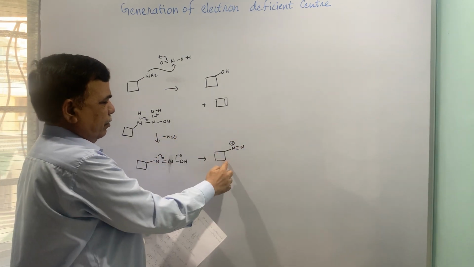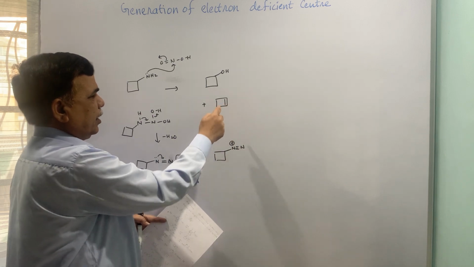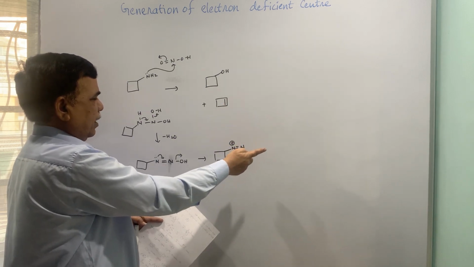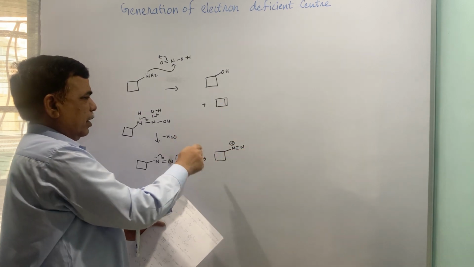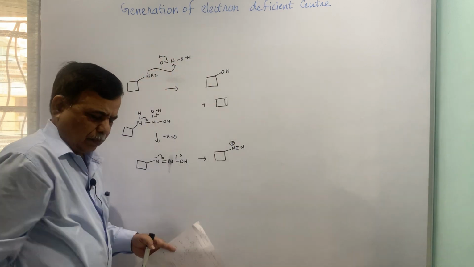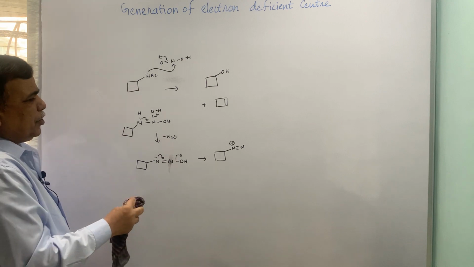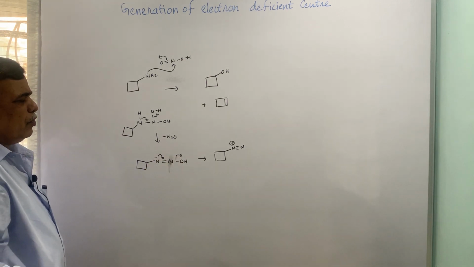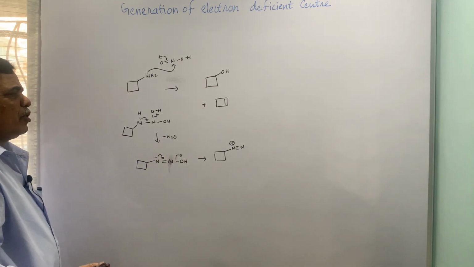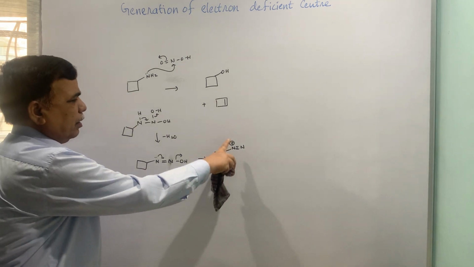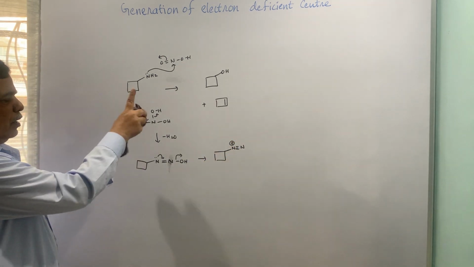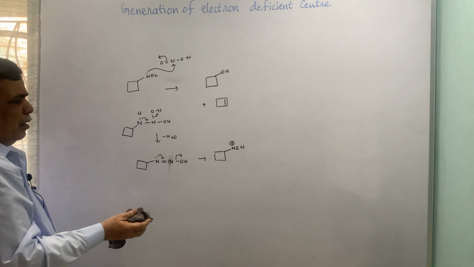So loss of nitrogen with proton migration will give these. Loss of nitrogen followed by attack of water will give you the first product. So that is the fate of this. So initially this diazonium ion should be formed, and then only the other reactions are possible, because this is a better leaving group. When this goes off, the other reactions are possible.